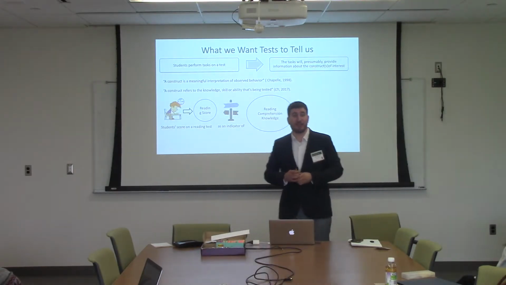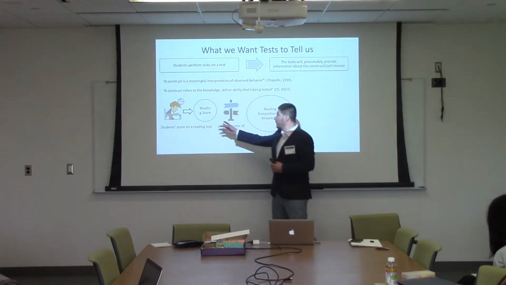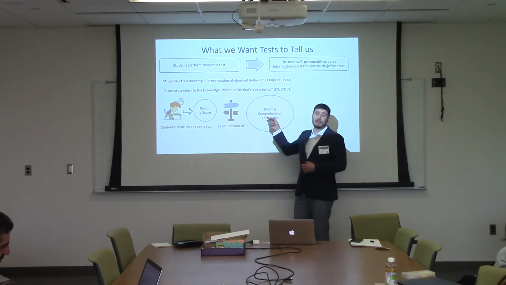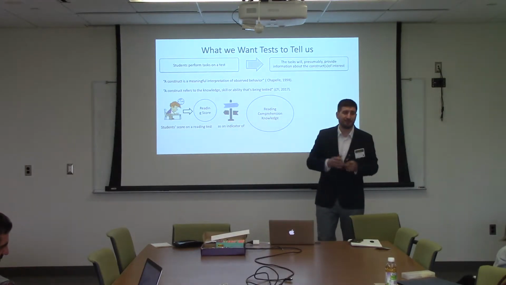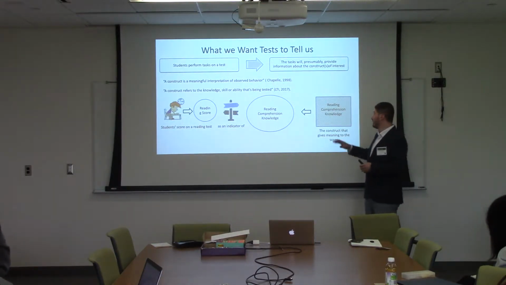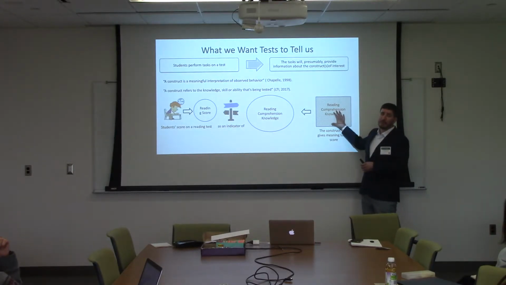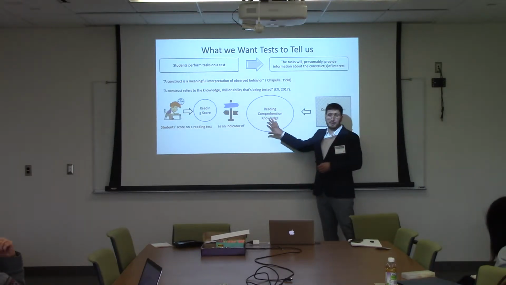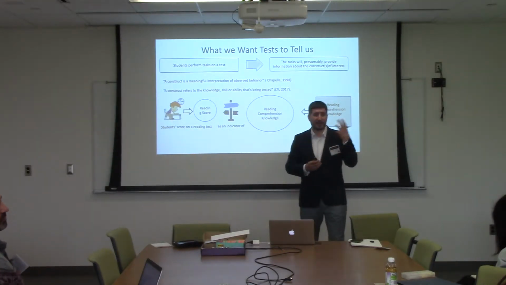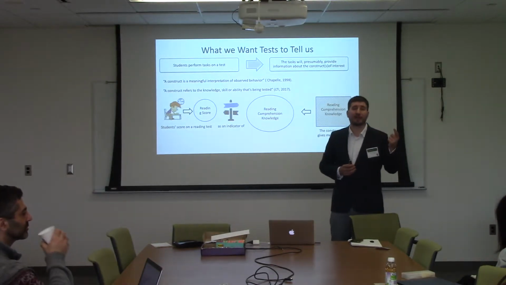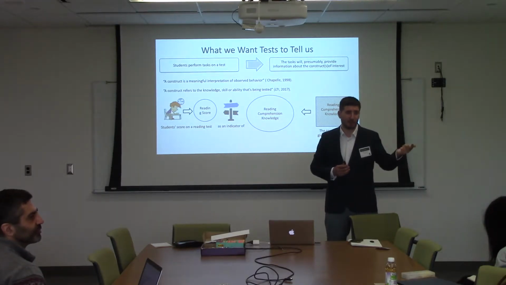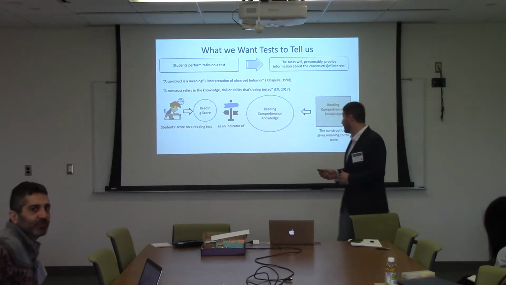If we're giving a reading test, we get a score, and we claim that that score is an indicator of their reading comprehension knowledge. So in this case, what is my construct here? Reading comprehension knowledge. Because that was what I wanted to test. That's why I created this test. And that's how I graded, and I got a score, and now I claim something about students' reading comprehension. I said they know this much about this, whatever. That's interpretation.